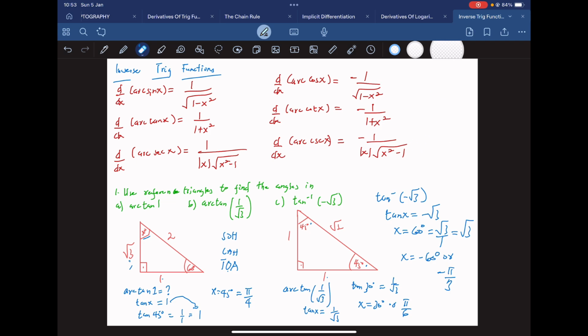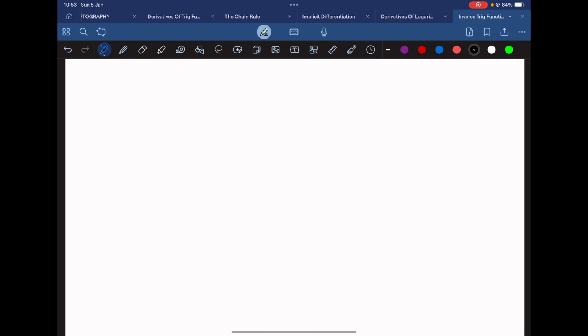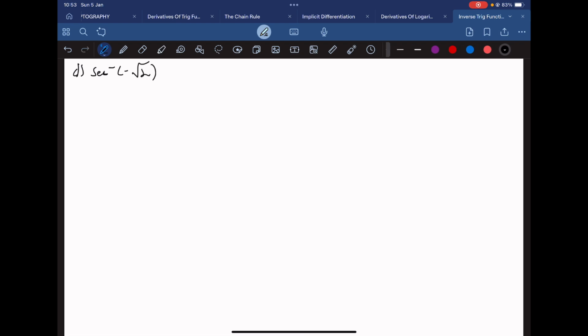Okay, let's look at another one. Let's say we have secant inverse of negative root 2. So we do the same thing, right?